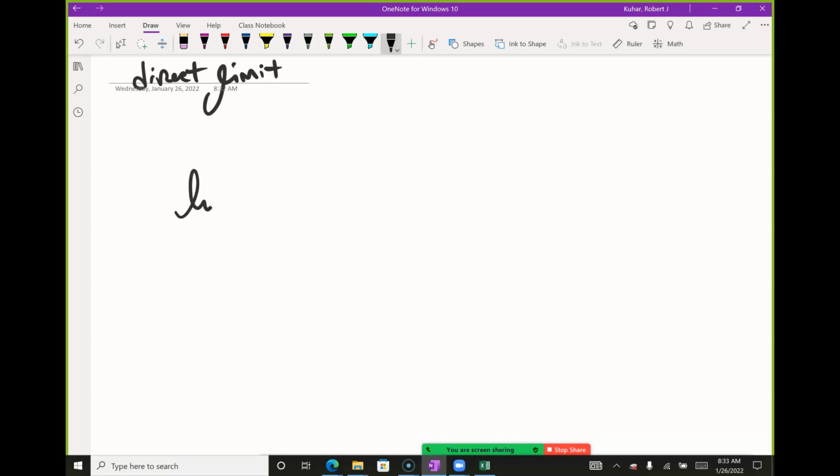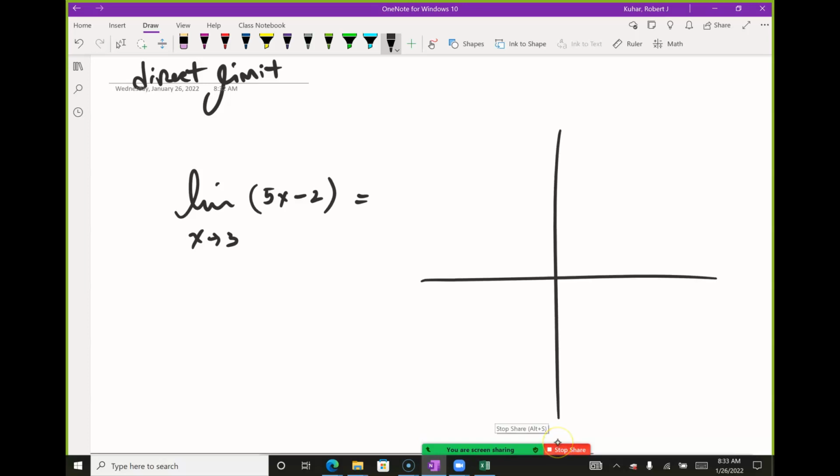Like if I say the limit as x goes to 3 of 5x minus 2, the idea here is, well, certainly I can see this line. So 1, 2, 3, when I get to 3, I'm at some other height. So I can see this height here on the graph. This is a really easy one to do graphically. And so what do I get? I get, what, 13?